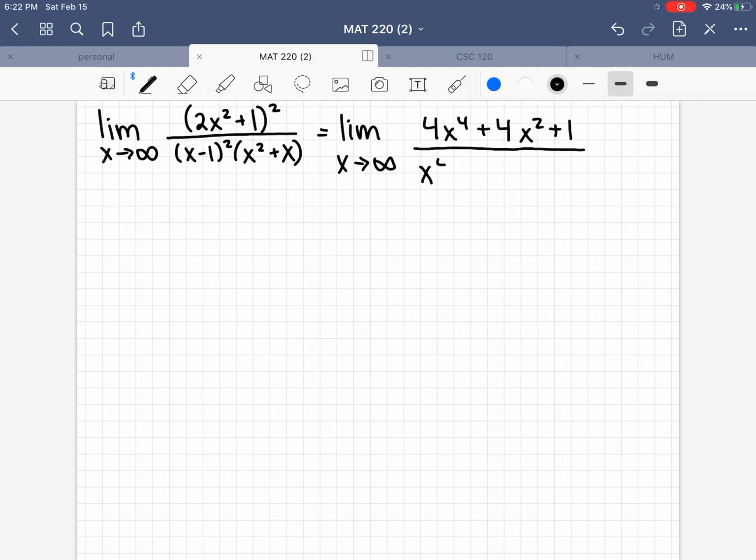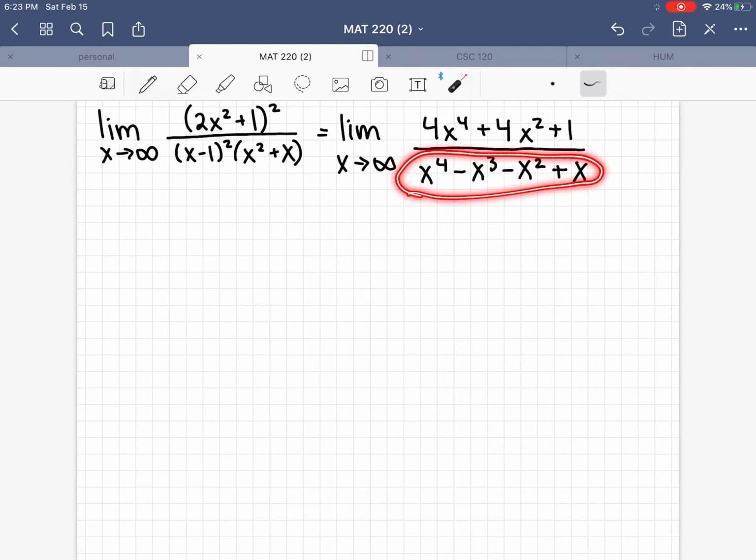However you want to do that, you're going to end up getting x to the 4th minus x cubed minus x squared plus x. So that's just expanding this all out so that way it makes our next steps a little bit easier, because what we need to do to this equation to be able to use that limit law is divide the top and bottom by the highest degree term in the bottom.